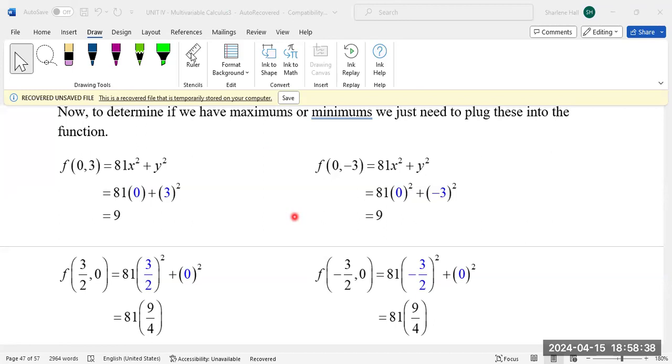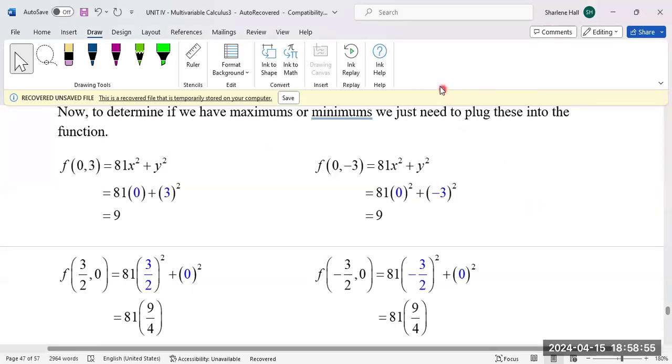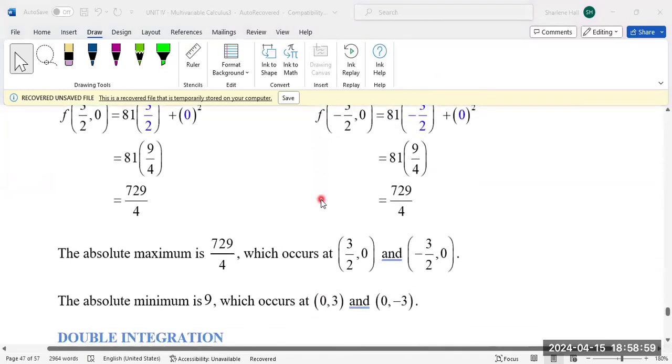Positive 729 over 4 is a bigger value than 9. So I cannot consider my 9 being a maximum value anymore. 729 over 4 is going to be my maximum value. So I don't have any minimum value in this one. It says find the maximum and minimum, but there's no minimum value. So my absolute maximum value is going to be that.